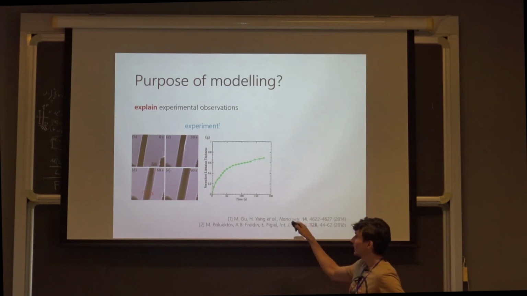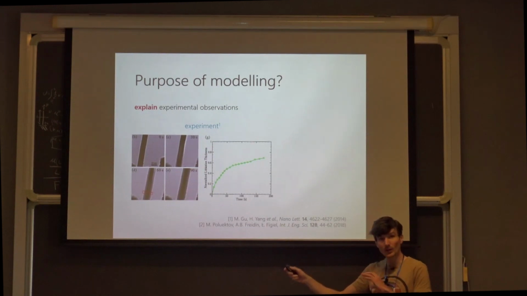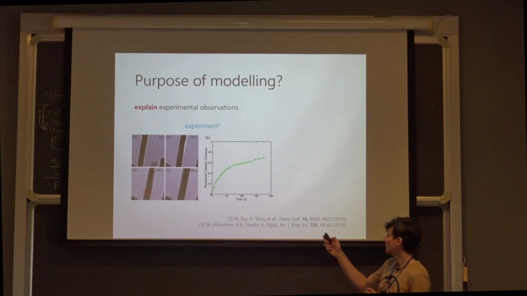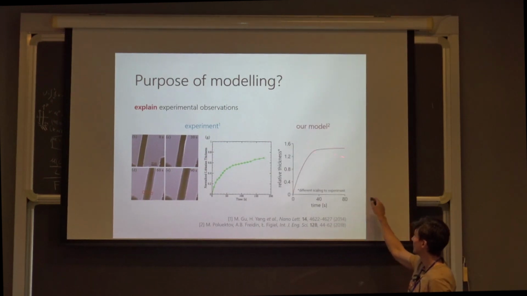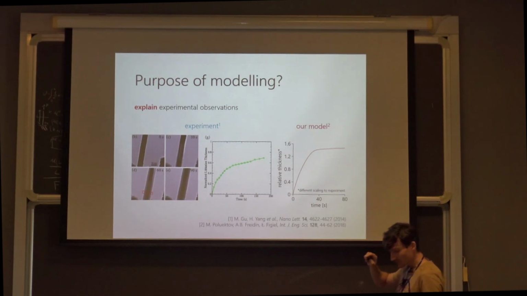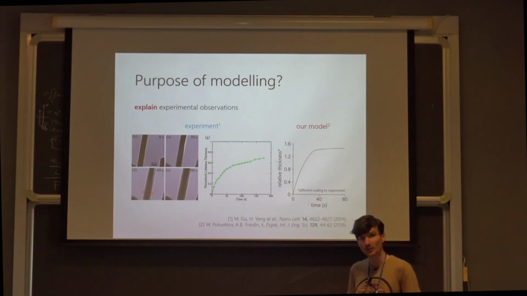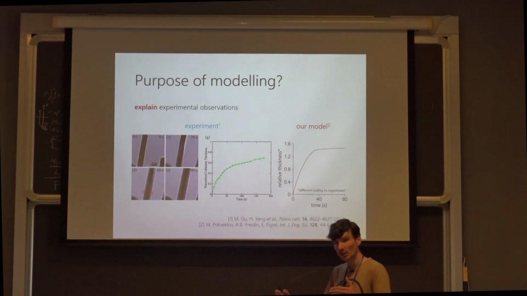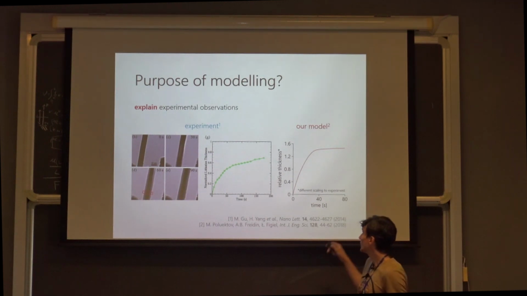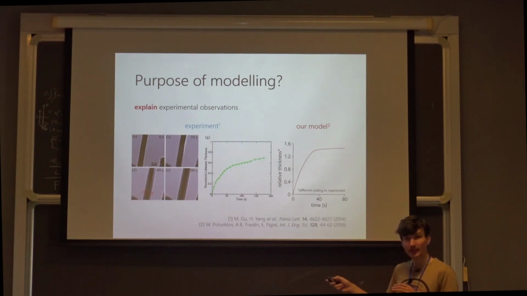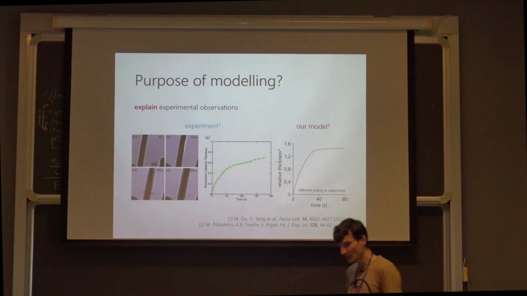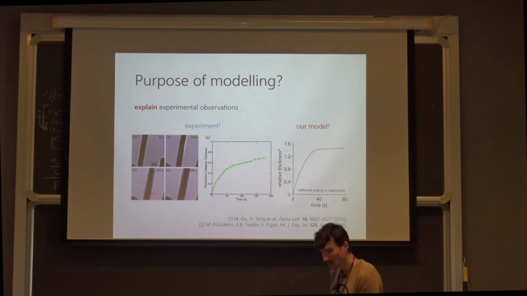And we have modeled a similar system, not the wire, but the particle, and we're able to capture this phenomenon of approaching the equilibrium position and mechanical stresses locking the chemical reaction. So it's a slightly different setting and slightly different scaling, but it's just a kind of graphical abstract to show that we are able to capture the experiments.